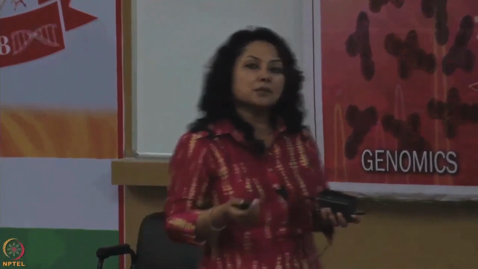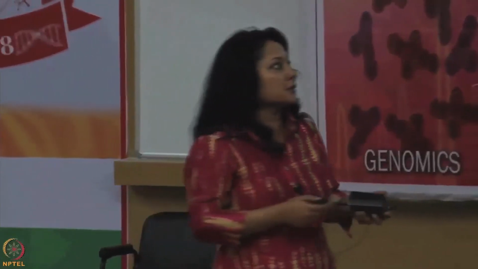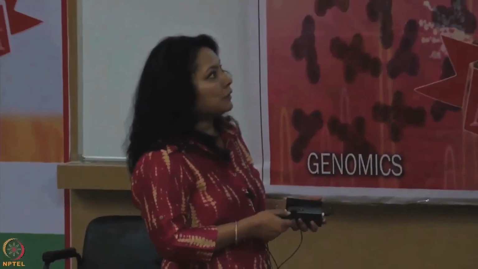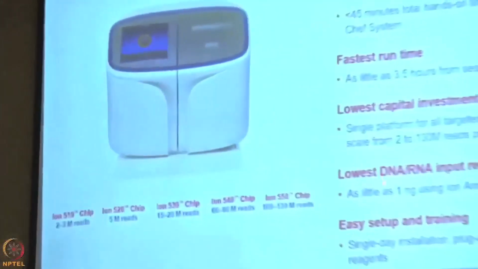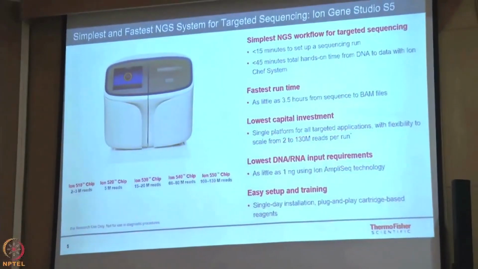This AmpliSeq technology is such a robust technology that all these primer pairs working in one tube are so efficiently mixed that all these targets are amplified at a similar efficiency, and that is how you are sequencing them at a similar efficiency. So that is what we have pointed out here, that this sequencer along with its technology has the lowest DNA or RNA input requirements.